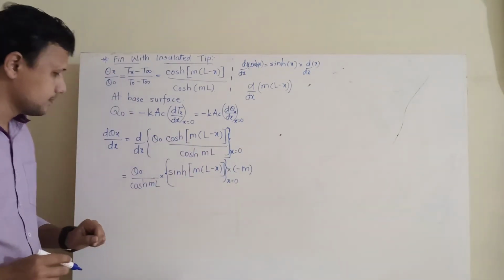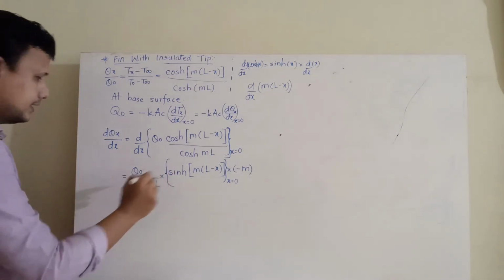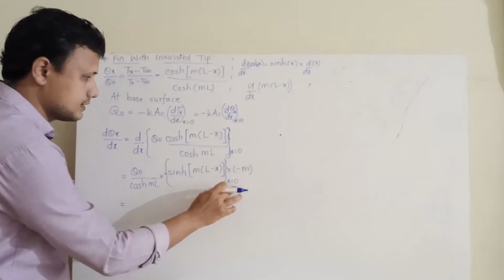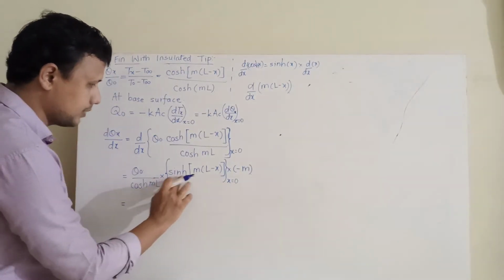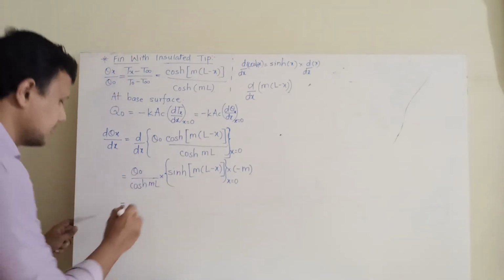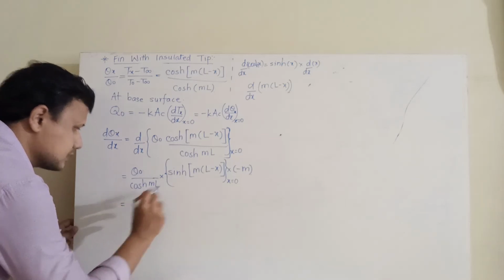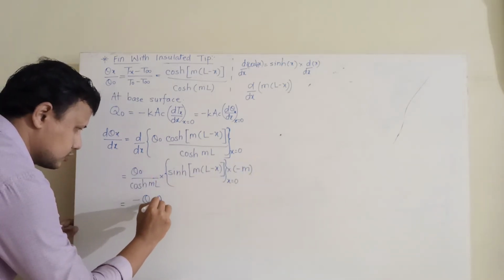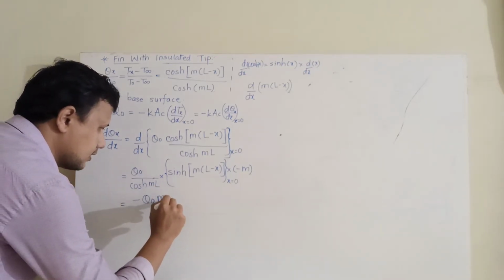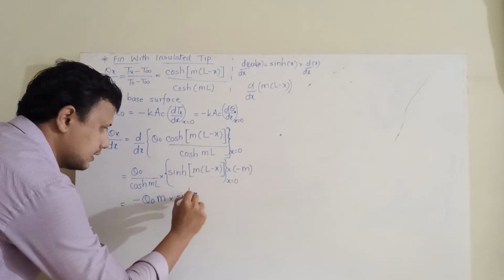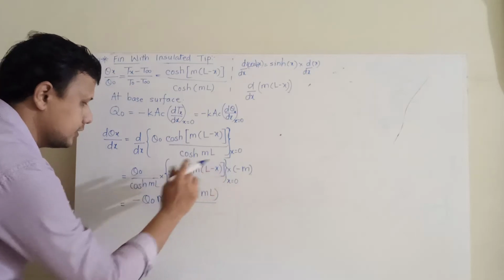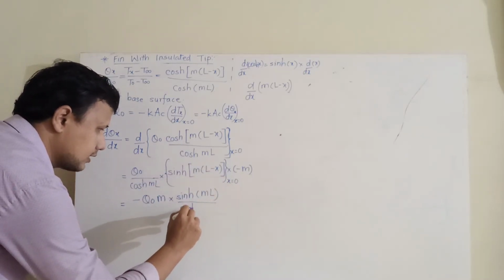Now we have derived this dθ/dx, and I will finalize it. That will be minus m. If x is equal to 0, then this will be only sinh of mL because x is 0, and this will be cosh of mL. So this will be minus θ0 m times sinh of mL, because x is 0 in this case, divided by cosh of mL.